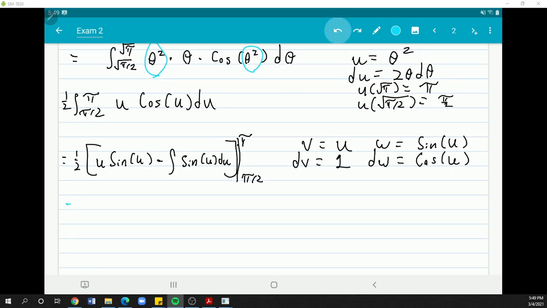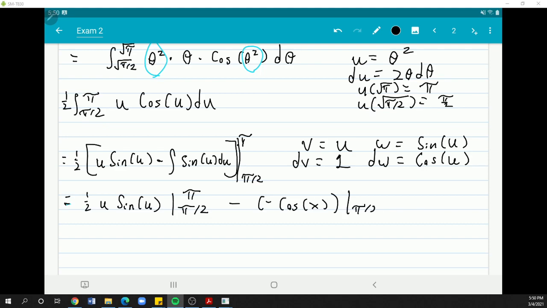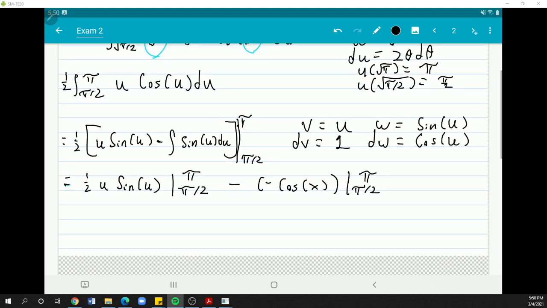So this is 1/2 u sine u, evaluated between these 2 points, minus the integral of sine, which is negative cosine, because if I take a derivative of cosine, I would get minus sine. Again, evaluated from pi over 2 to pi.